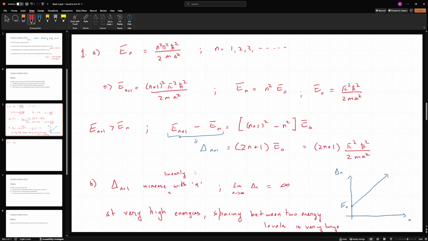I should only call it delta n. And now I realize the error. Because if I write this as delta n plus 1, then I cannot calculate this for the ground state. Yeah, so this is delta n. I hope you can understand that. Had I written this as delta n plus 1, then for n equal to 0, I will not have any E0 because the lowest possible energy state is E1, the ground state energy. So yeah, it should be delta n.